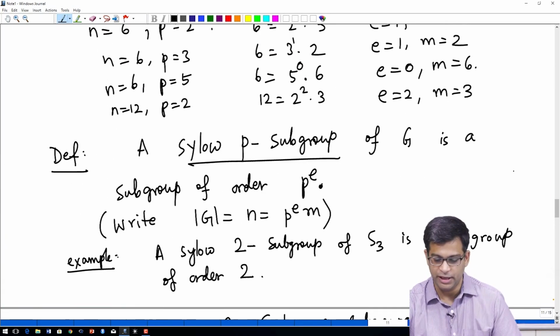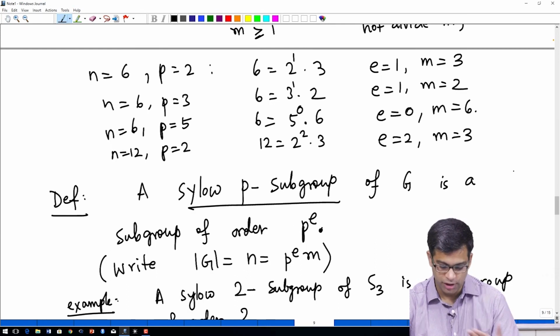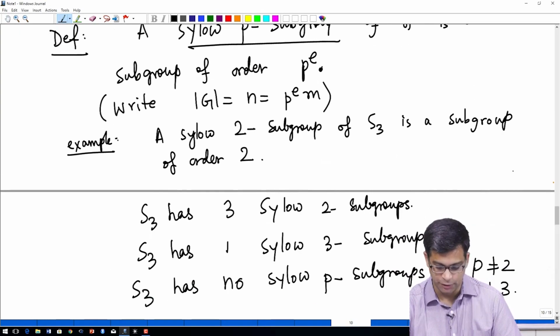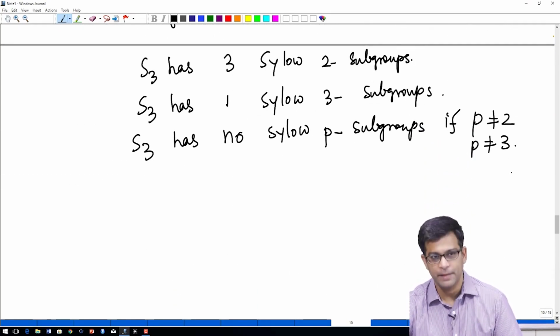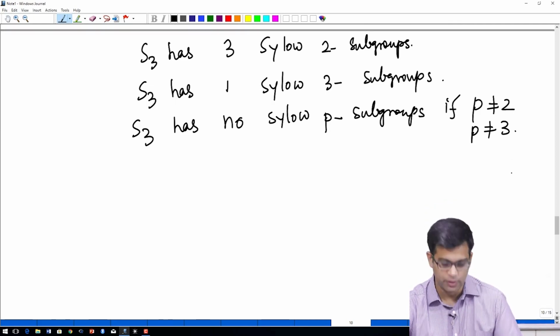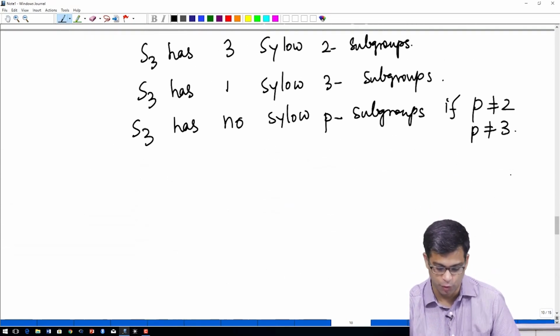So p^e will be p power 0, so there is no subgroup of that order. So we only consider this. This is a convention, we only look at Sylow p subgroups if p divides the order of the group. So in other words, in my notation, small e is positive.